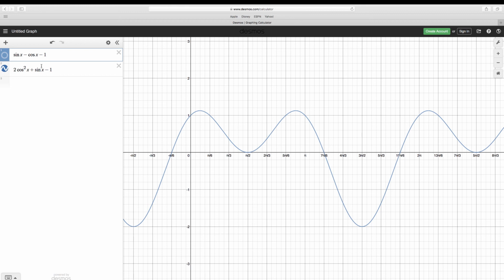And our solutions were pi over 2, 7 pi over 6, and 11 pi over 6. And you see those pretty clearly right here, right? Pi over 2, 7 pi over 6, and 11 pi over 6. So it's nice and easy to just use Desmos or your graphing calculator to double check that you did indeed get the correct solutions and that you eliminated any extraneous solutions.